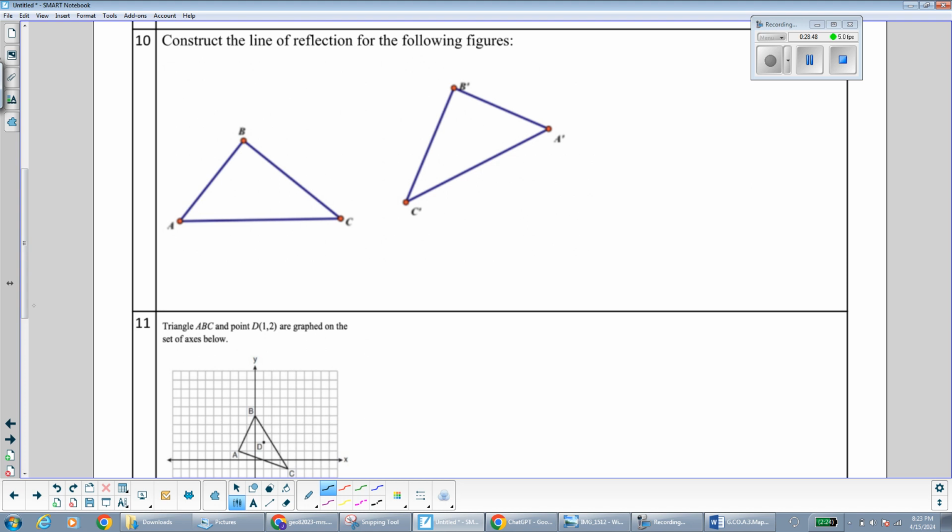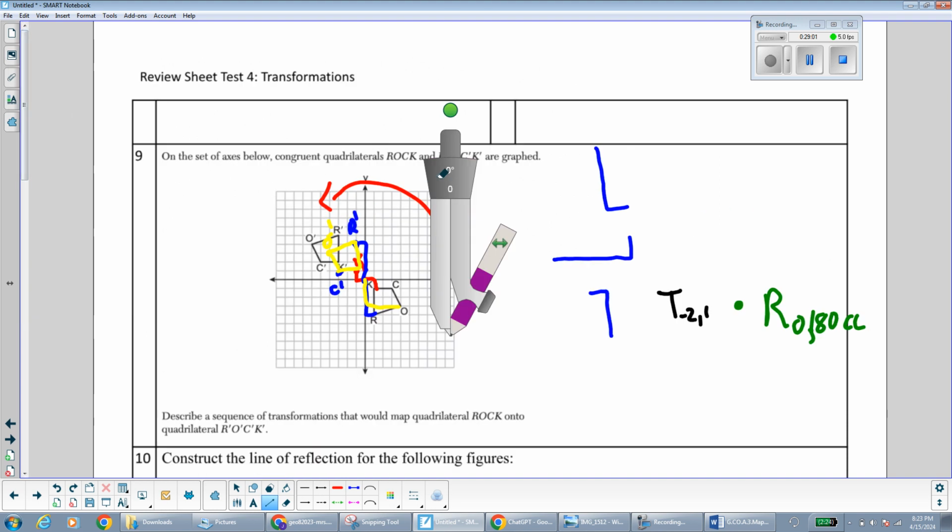To construct the line of reflection, we're going to connect 2 pairs of corresponding pre-image and image points together. And then we're going to grab our compass.